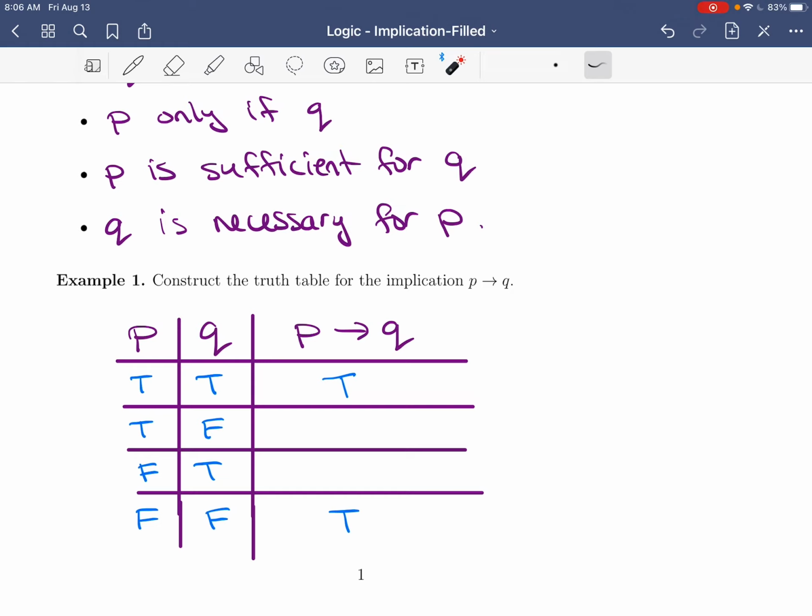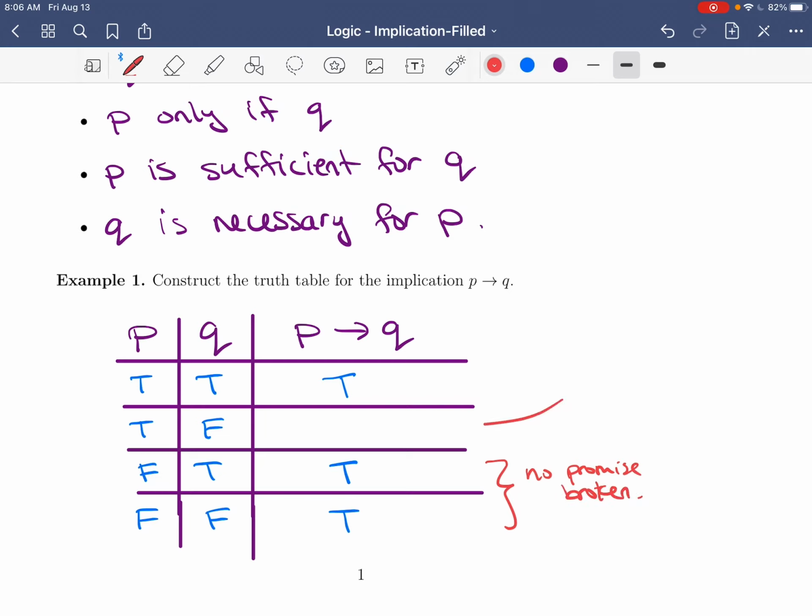So the premise needs to happen in order for the conclusion to mean anything. If I did not eat the vegetables, I may or may not get dessert. If I eat my vegetables, then I'm definitely getting dessert. But if I don't, then I don't really know. So this is still true. There's no promise broken here.